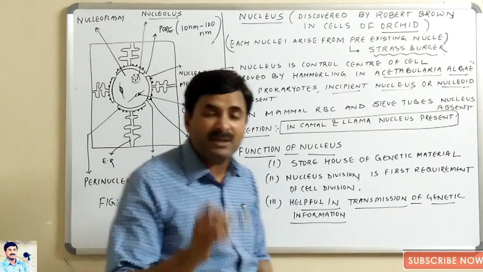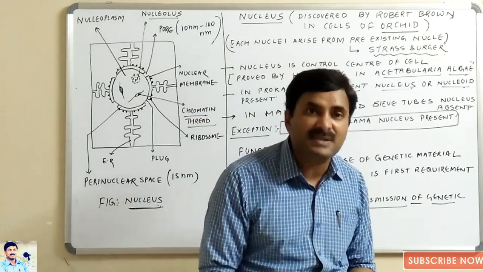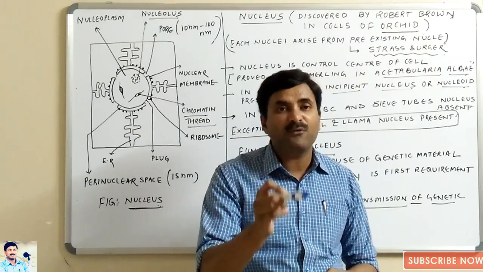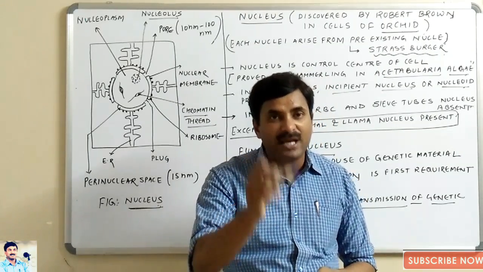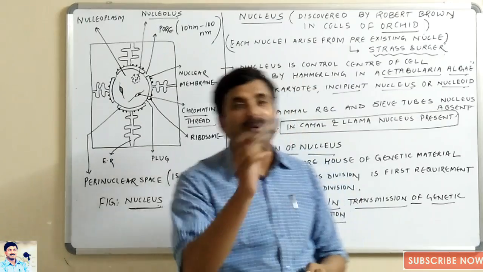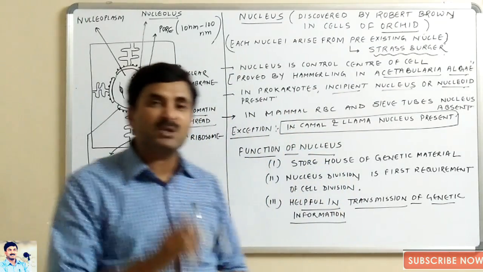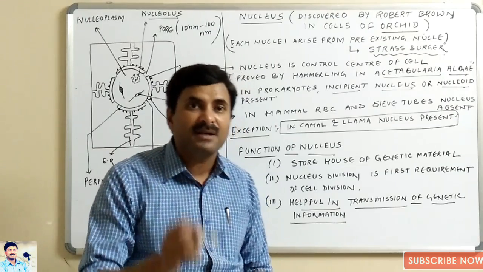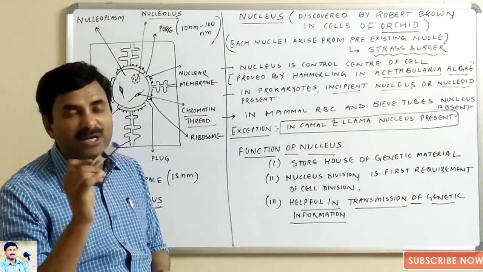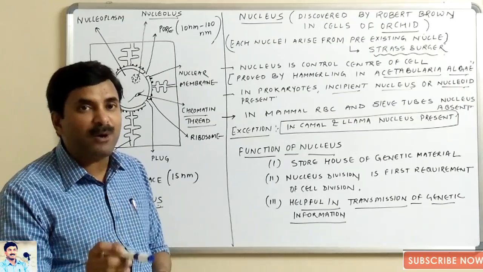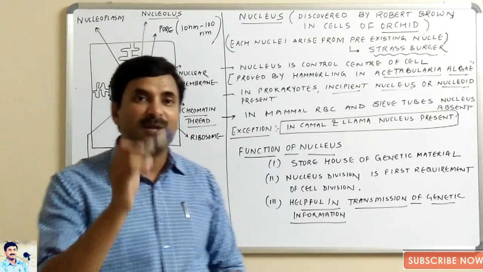But you have to remember that it's not necessary that a well-defined nucleus is present in all cells. In the previous videos I explained that there are certain cells known as prokaryotic cells in which the nucleus is not well defined and is not bounded by a nuclear membrane.